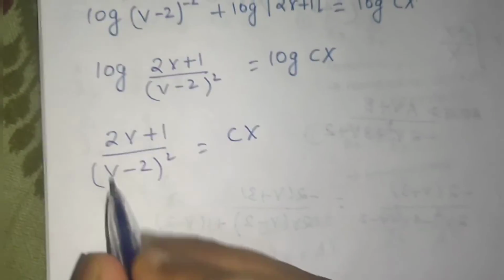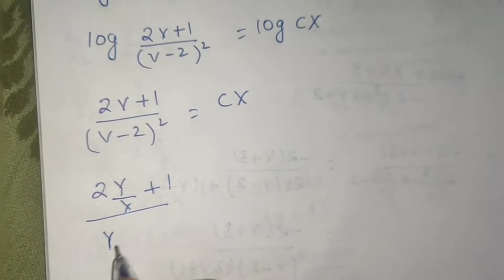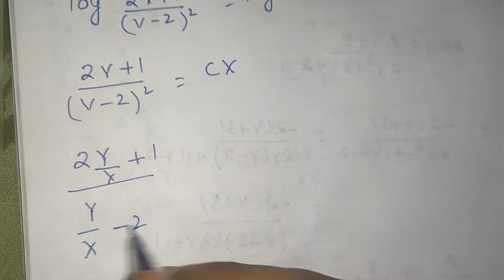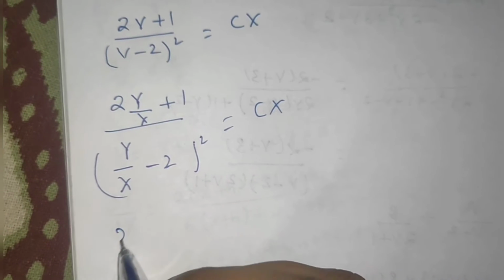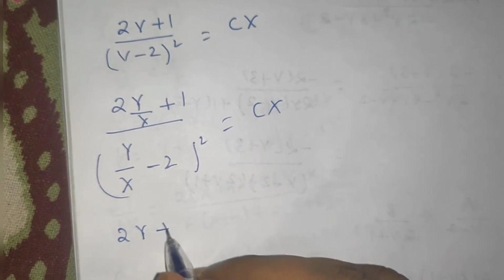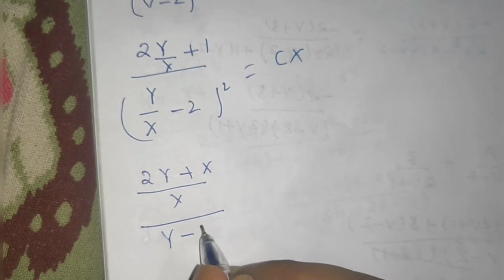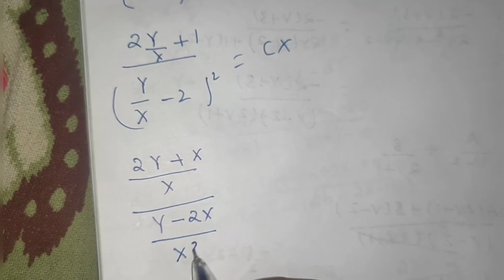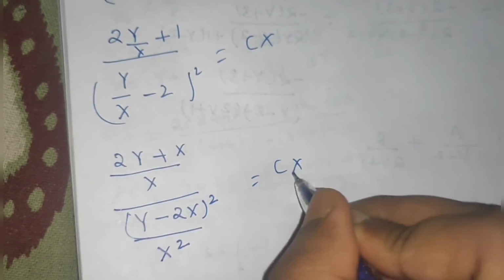Now putting back the value of v, which was y by x, we get 2 y by x plus 1 divided by y by x minus 2 the whole square equals cx. Now if I see, I am getting (2y plus x) divided by x, and here I am getting (y minus 2x) divided by x, the whole square, equals cx.